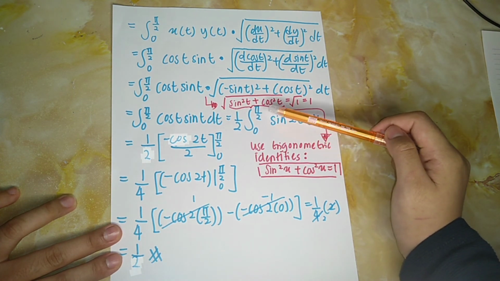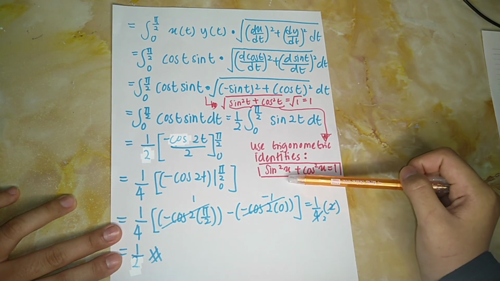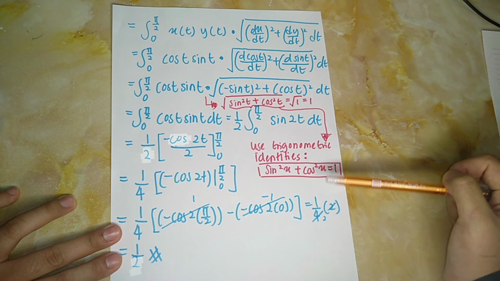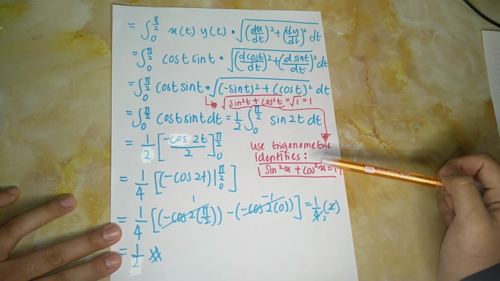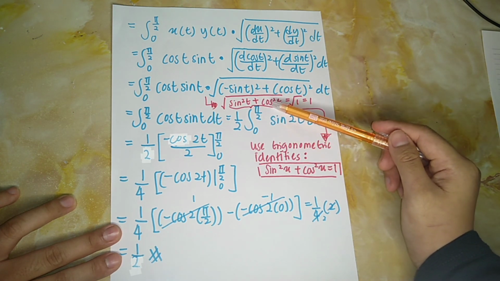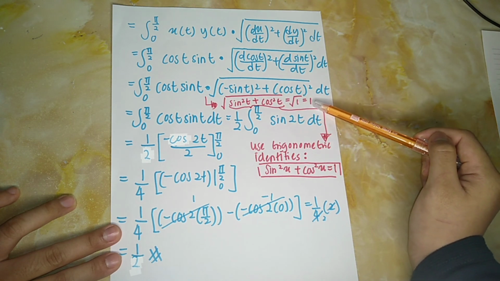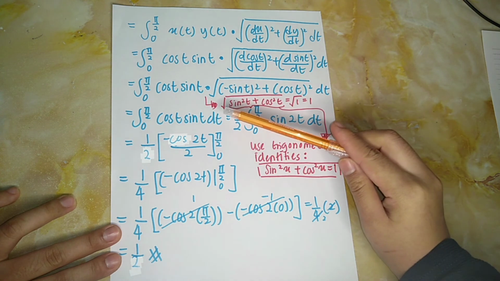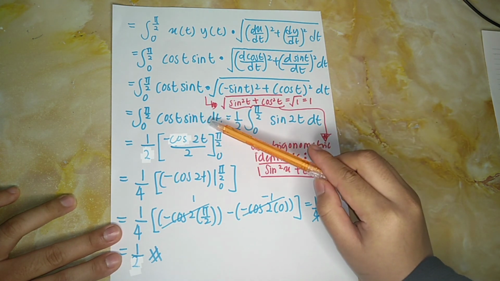Then we will use the trigonometric identity, which is sin squared x plus cos squared x equals 1. Since the variable here is t, sin squared t plus cos squared t equals 1. Then before we have the square root, and then we will have 1. That's why the 1 is times cos t sin t dt here.